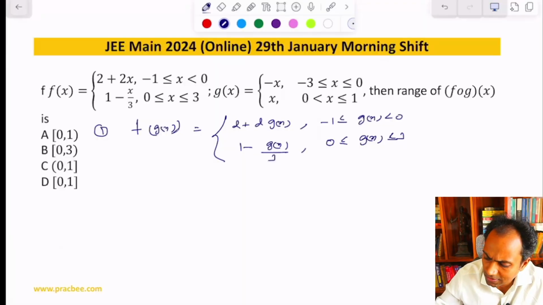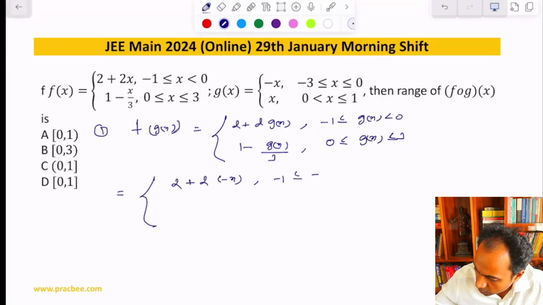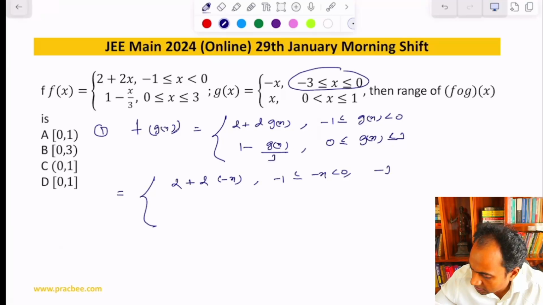Now, since there is not one g(x) but two g(x)'s, we'll have to substitute both the values. If I put in place of g(x) minus x, it will become 3 minus 1 smaller than equal to minus x, and this value of x comes for this range of x. So let us also write the same thing on the other side.